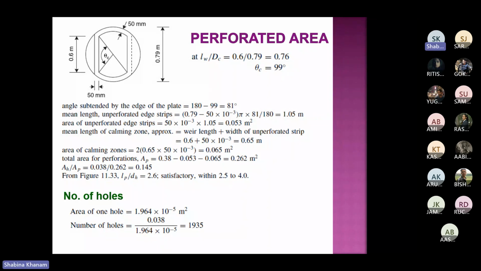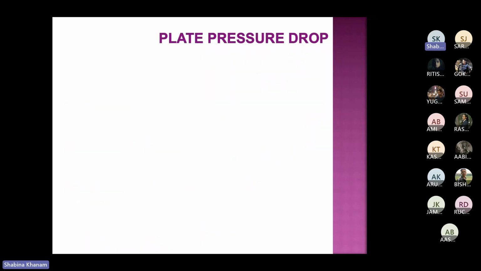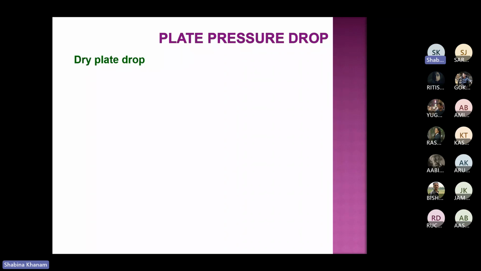So in this way, you can find out the number of holes, and then we will calculate the plate pressure drop. As we have discussed, the pressure drop will be because of vapor movement and because of liquid movement. For vapor movement, we consider the dry plate pressure drop, and for liquid movement, we consider the head available over the plate.